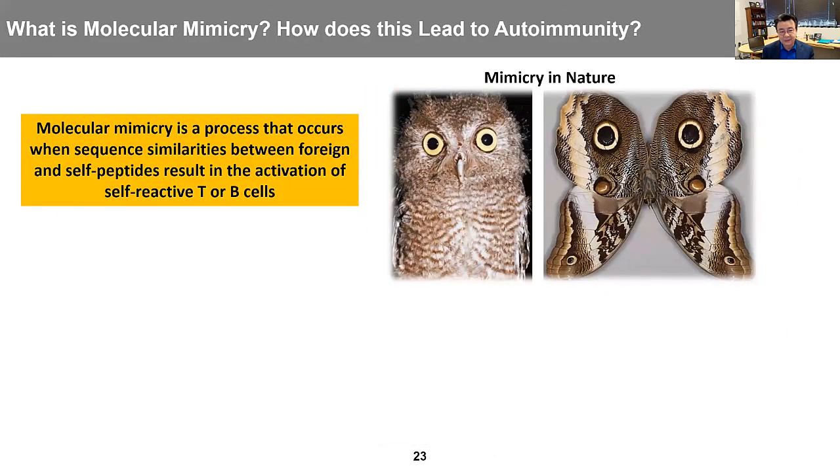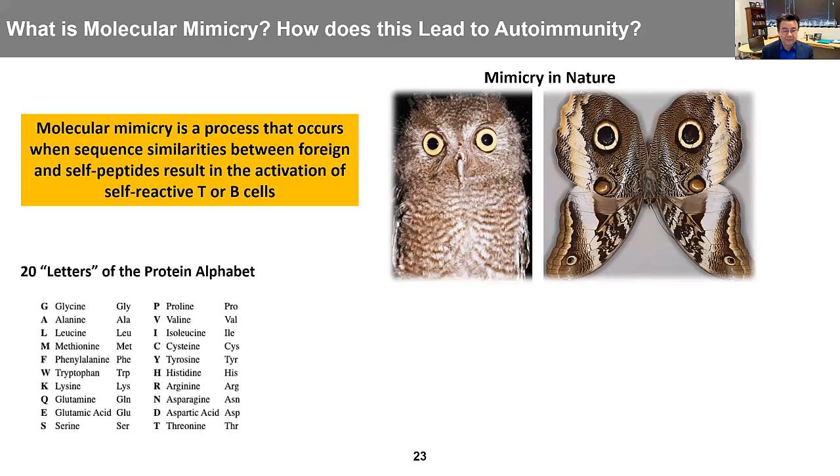Well, let's go back to molecular mimicry and how this leads to autoimmunity. Molecular mimicry is the process that goes on when some sequence is similar to a foreign sequence of, let's say, an infection, but it results in the activation of the immune system so that it can't tell the difference from one to the other.